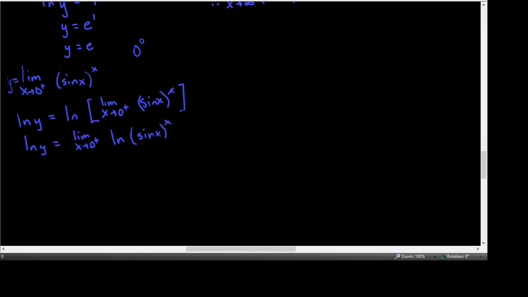Then I'm going to use the property of logarithm of a power to rewrite the natural logarithm of the power as the exponent multiplied by the natural logarithm of the base of that power.